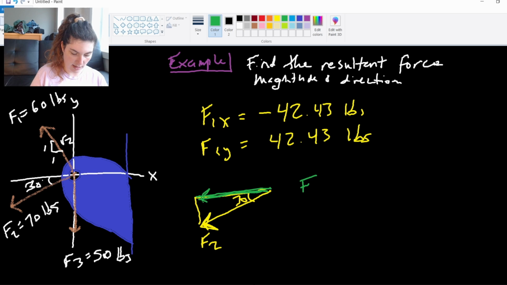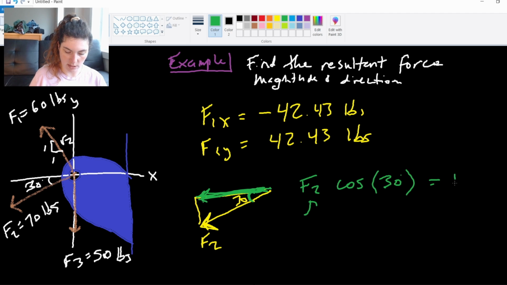We use f2 times cosine 30, since this is adjacent to the angle, SOHCAHTOA. The hypotenuse times cosine 30 equals the adjacent value, which is f2x. So f2x is going to be 70 times cosine 30.